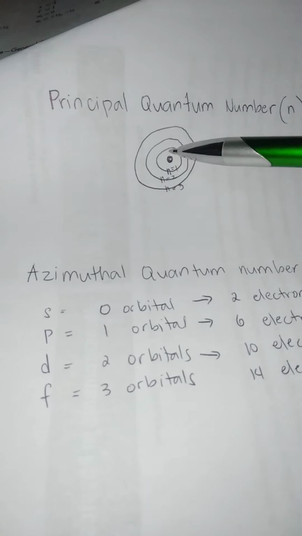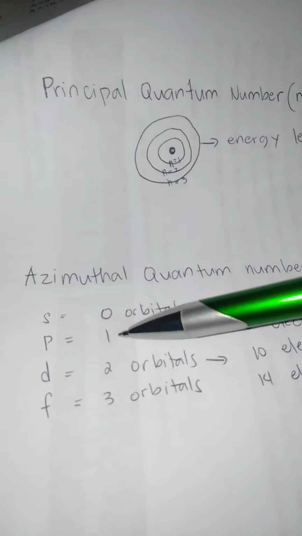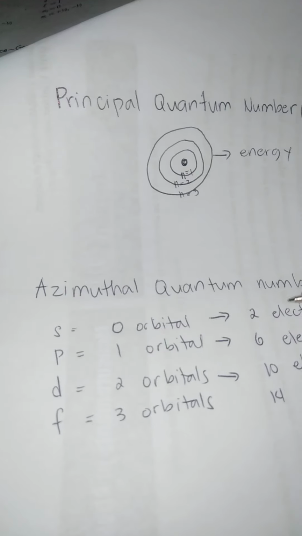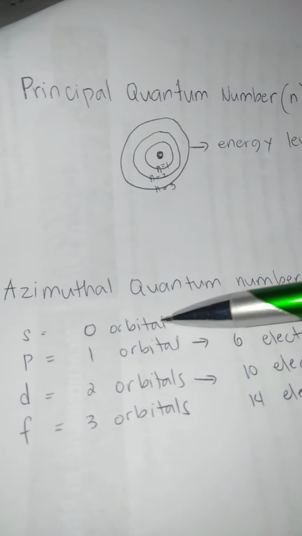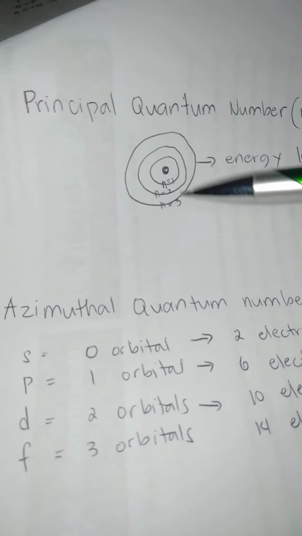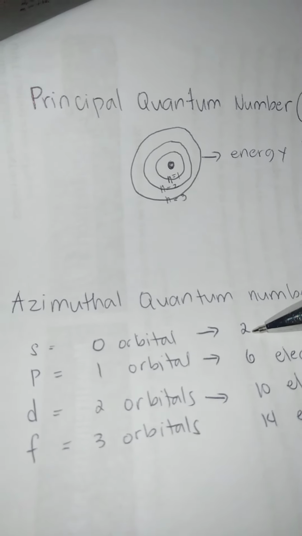Even though the S doesn't have an orbital, it can still occupy 2 electrons because of the energy level. Please remember that.